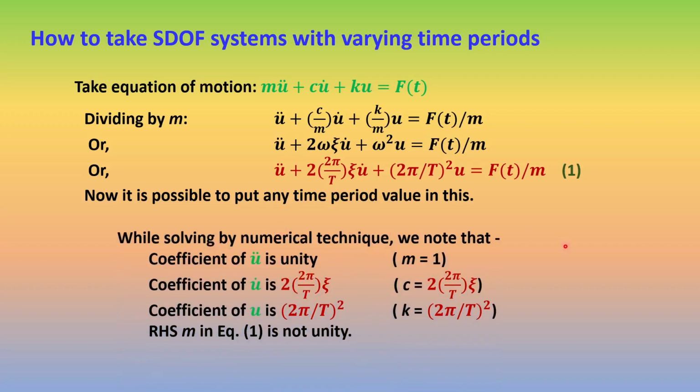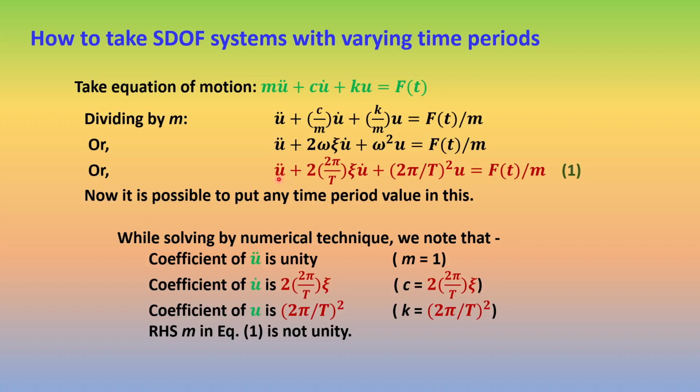While solving by numerical technique, we note that in this case, the coefficient of u dot is now unity. Initially in the standard dynamics equation, the coefficient of u dot was m, but in our converted equation it is unity.